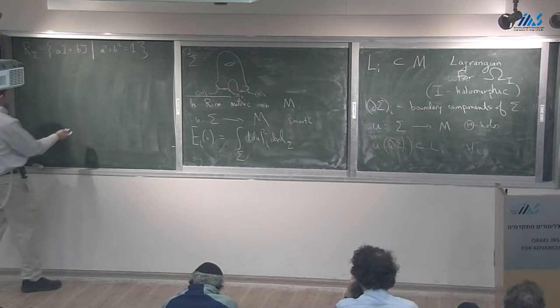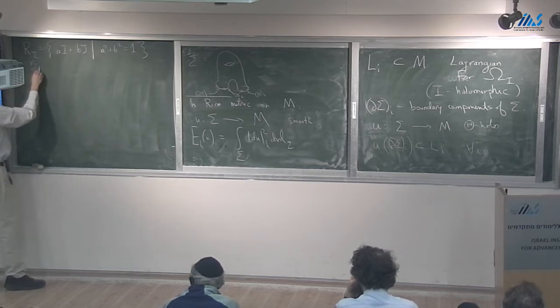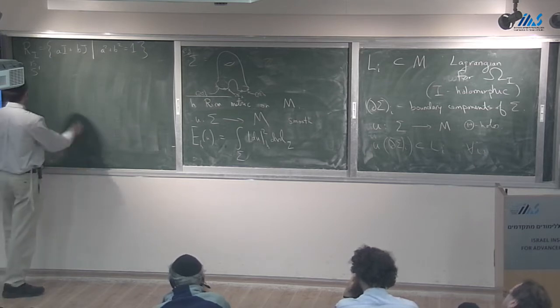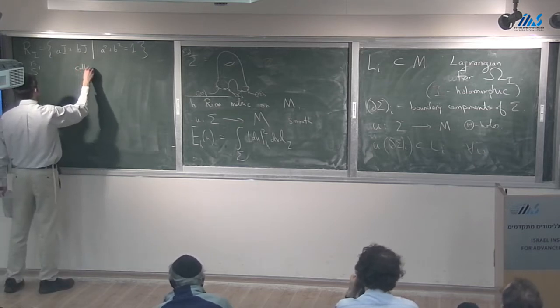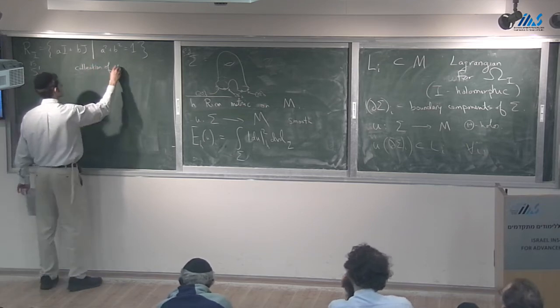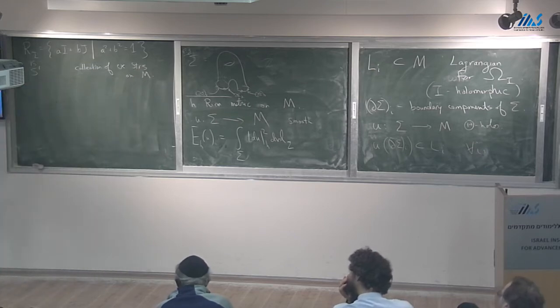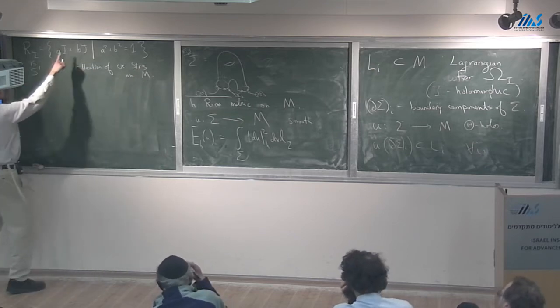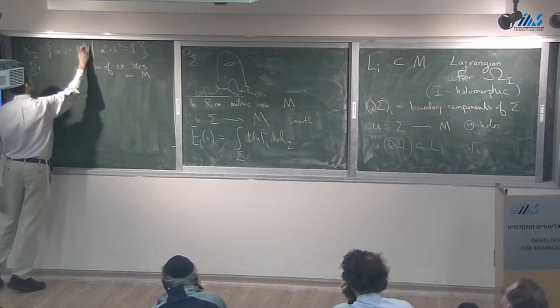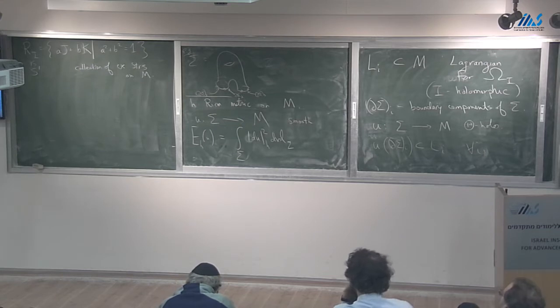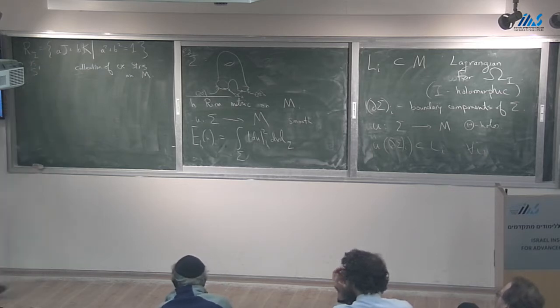So topologically this is a circle. It's a collection of complex structures on M. Okay, which are kind of, no, I said the wrong ones. aJ plus bK, that's better. So it's just sort of a circle which is, well, kind of orthogonal to I.